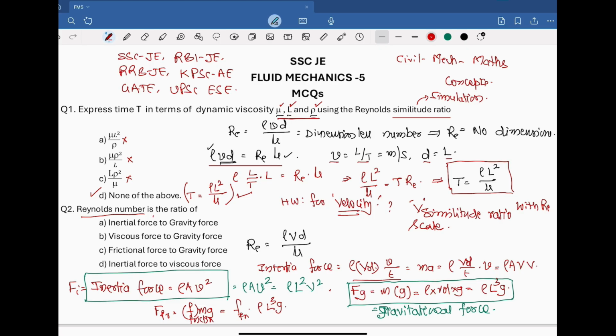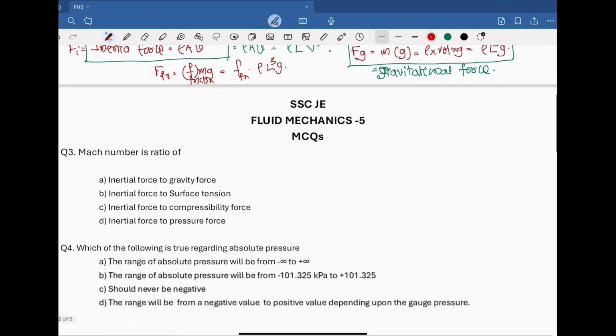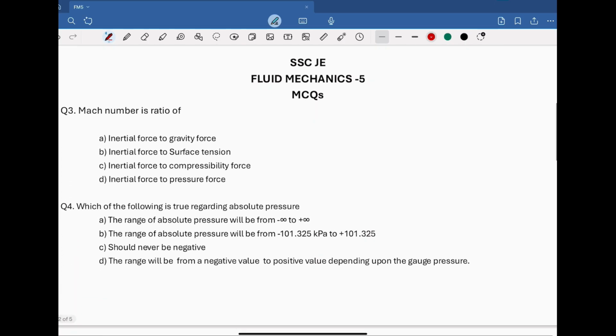Now we know inertial force, we know gravitational force, we know frictional force. What is the viscous force? Now we have to know what is the viscous force. Let us go to the next page. Why I am telling you in detail, so that you should understand what are the forces that are acting on a fluid.